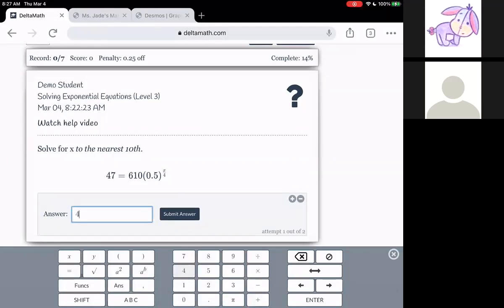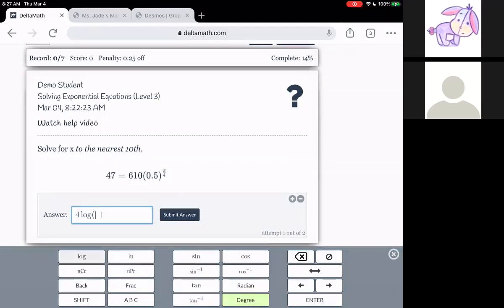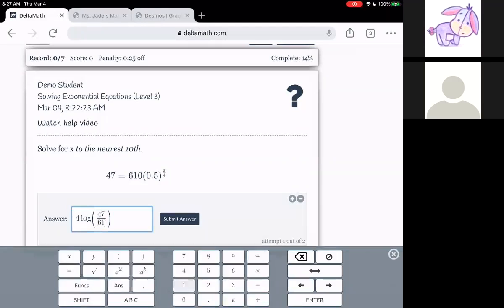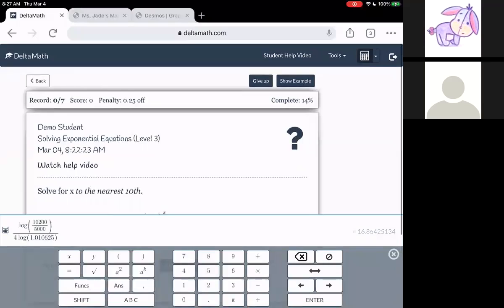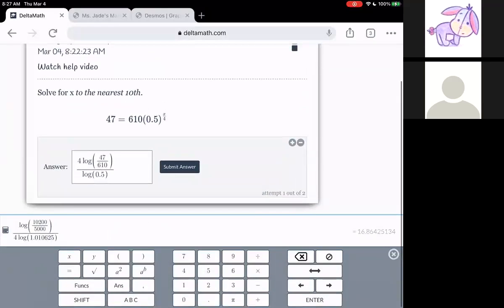Okay, so 4 log 47 over 610 divided by log 0.5. Did I enter that correctly? I think so. Okay. Oh my gosh, I entered it into the answer box. I want to enter this into the calculator. I hate when I do that.